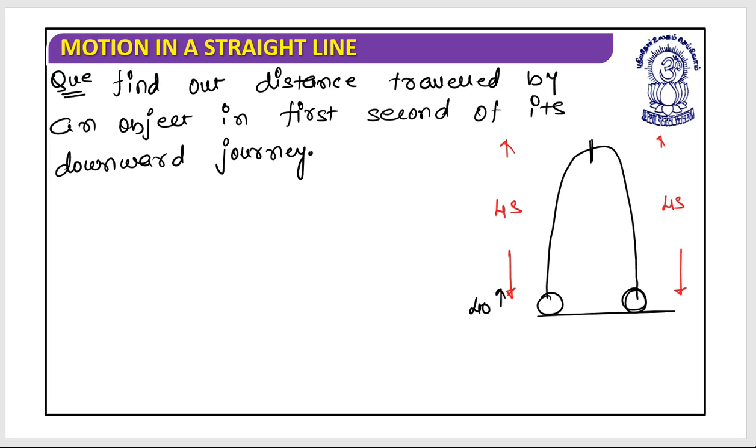So if I divide this, just like this is the first second, this is the second, this is the third second, and this is the fourth second. In the same way, this is the first second of the downward journey. This is the second of the downward journey. This is the third second of the downward journey, and this is the fourth second of the downward journey.